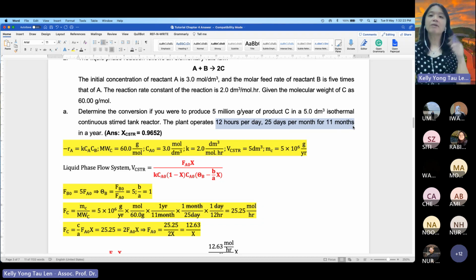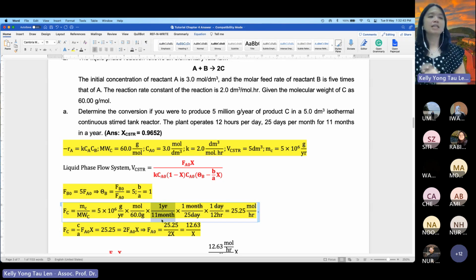In my 1 year that I want to calculate, I want to convert from year kepada hour, I must consider the operating capacities of my plant, which they have already mentioned. Sebab dia kata untuk setiap 1 tahun, I only operate 11 month. So saya tukar. Saya darab 1 year per 11 bulan.